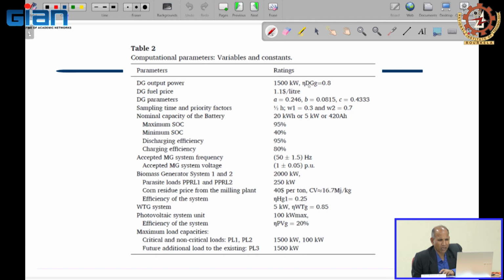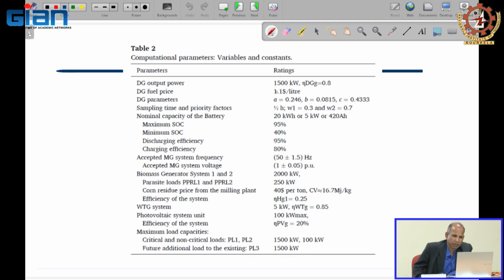The diesel generator efficiency is 0.8, and then the fuel price. When we are doing research, we need the data. We keep on searching where you can find good data, either from some research paper or by trying to get appropriate data, because this becomes very important.